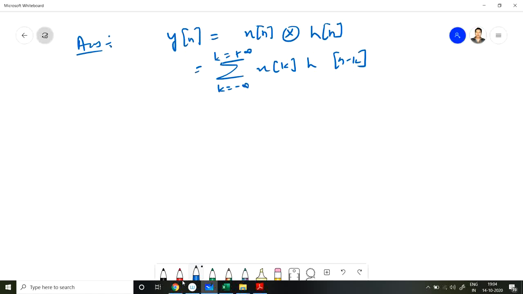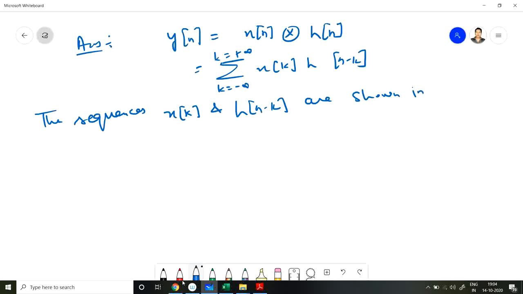So this is our relation for the sequences. The sequences x[k] and h[n minus k] are shown in figure 1 for n less than 0 and n greater than 0.